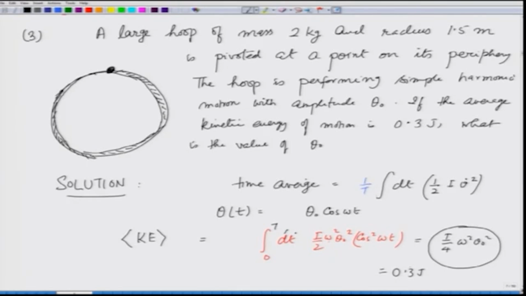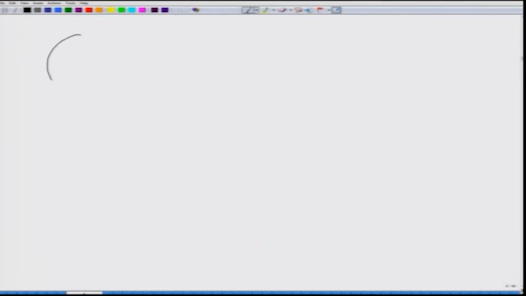So, all I have to do is calculate I, calculate omega, and then calculate theta naught. Now, for this hoop, I about the pivot which is given here is going to be I CM plus m r square, which is m r square plus m r square, which is 2 m r square.